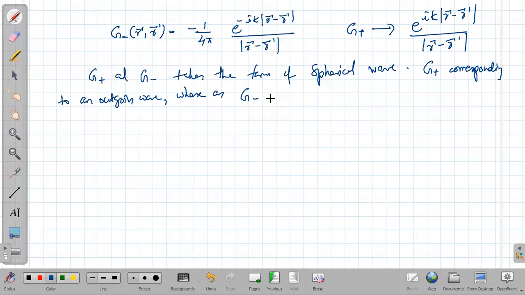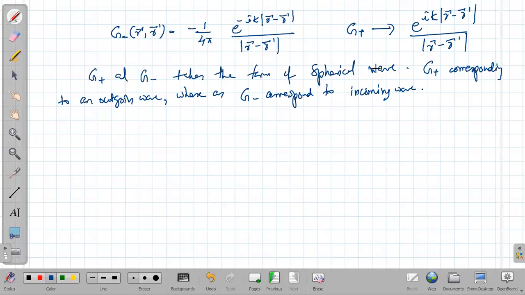Whereas G minus corresponds to an incoming wave. However, in the case of a scattering problem, we are interested in the outgoing scattered wave. There may not be any incoming scattered wave.